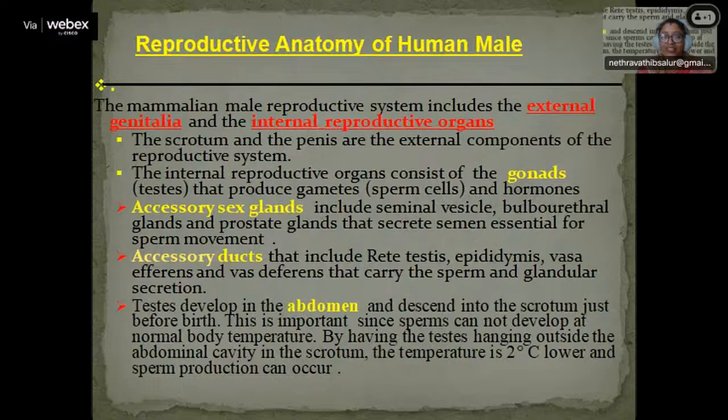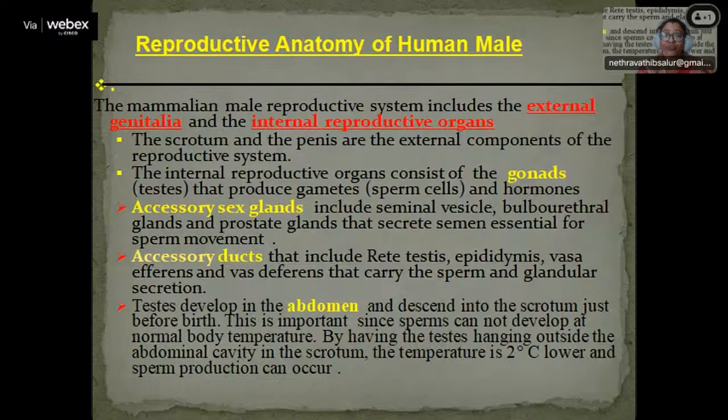Now, the first part is the reproductive anatomy of the human male. The human male reproductive system comprises the gonads, the accessory ducts, the glands, and the external genitalia. The gonads include a pair of testes, which is present outside the body of the males.